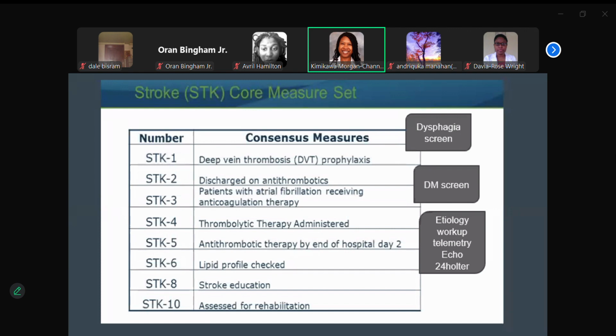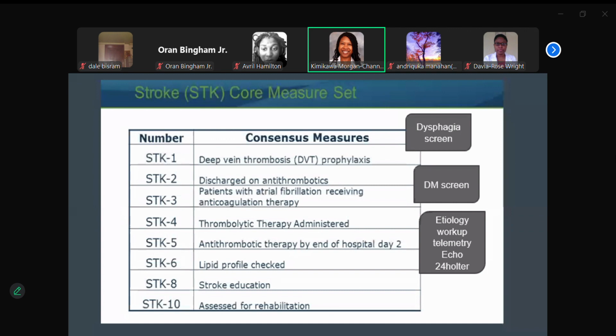BP management is one, statin therapy is one, and deep vein thrombosis prophylaxis. Why? Because PE is a major killer of our immobilized stroke patients. And now we're going to touch on hemorrhagic stroke. Again, with hemorrhagic stroke, we do not want to drop the cerebral perfusion, but we don't want the pressure to be high either, because the higher the blood pressure, the more blood goes into the brain, and then you get compression and herniation.